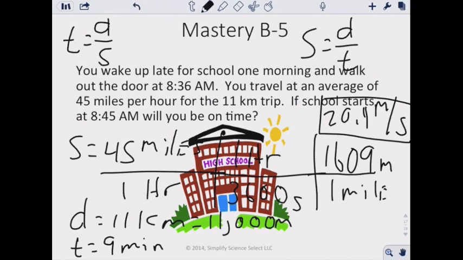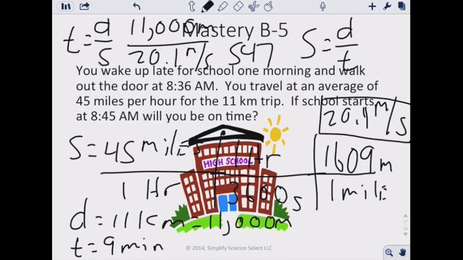And we'll plug in our distance of 11,000 meters all divided by 20.1 meters per second, and that will give us a time of right around 547 seconds, which is more than 9 minutes, so therefore we're going to be late.